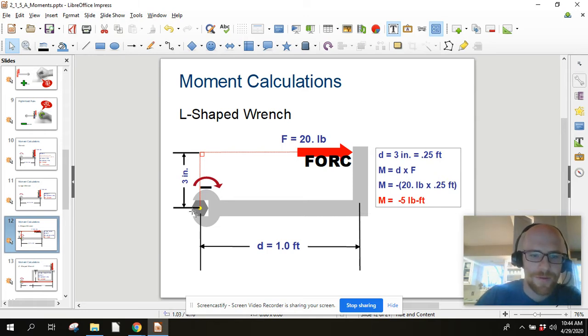The only distance calculated is this 3 inches, because that's perpendicular to the force. It's 3 inches, which is 0.25 feet. You multiply that by the magnitude of force, which is 20. Which way are we rotating? Clockwise, right hand rule, so it's negative pound-feet here.